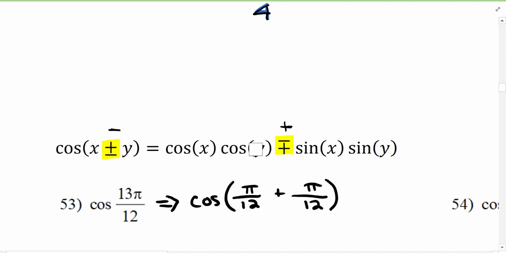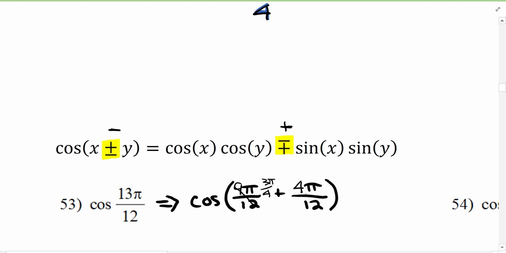You look at the unit circle. So 13 pi 12s is not on the unit circle. So we need to think about two things that would add up to 13 pi 12s. So I think I chose 9 pi 12s and 4 pi 12s. Well, 9 and 12 have a 3 in common. That would leave 3 pi over 4.